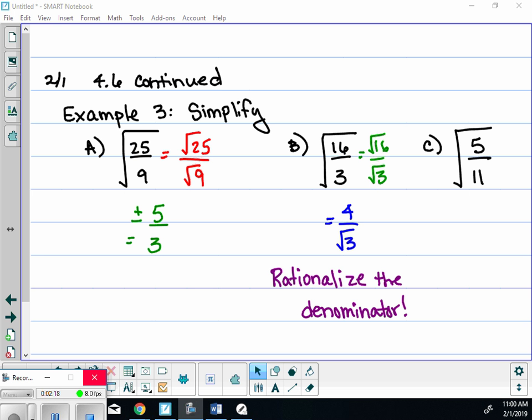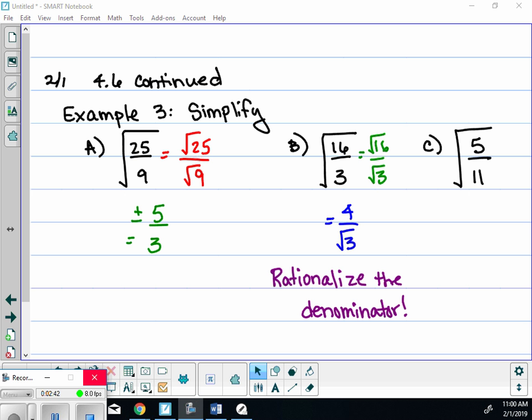Okay. We have to do what is called rationalizing the denominator. So what we do is we are going to multiply the top and bottom of that fraction by something that will allow us to simplify the square root of 3 down to no longer having a square root.